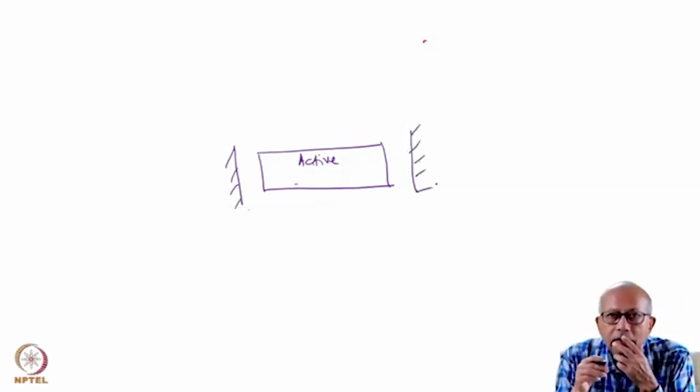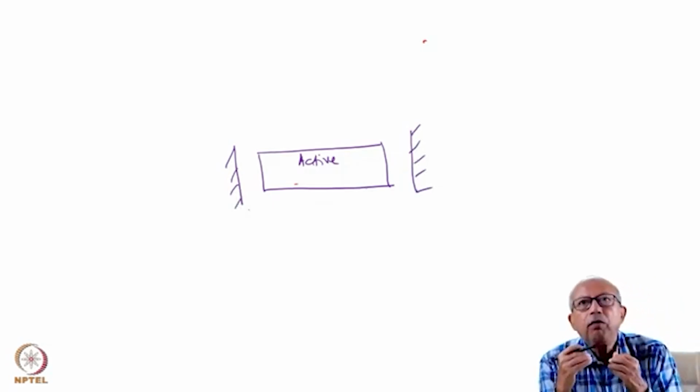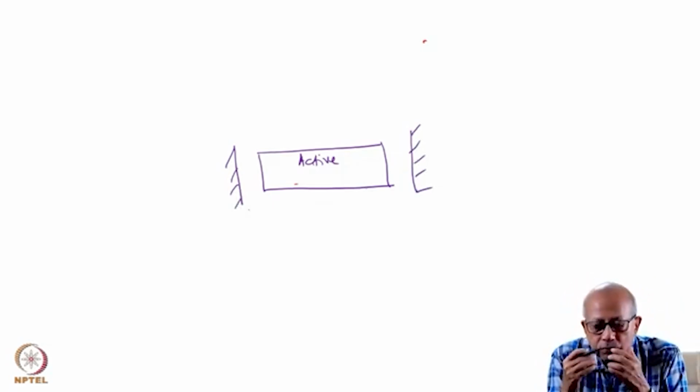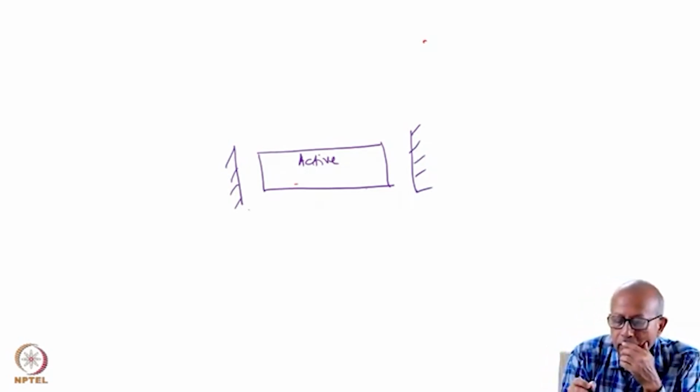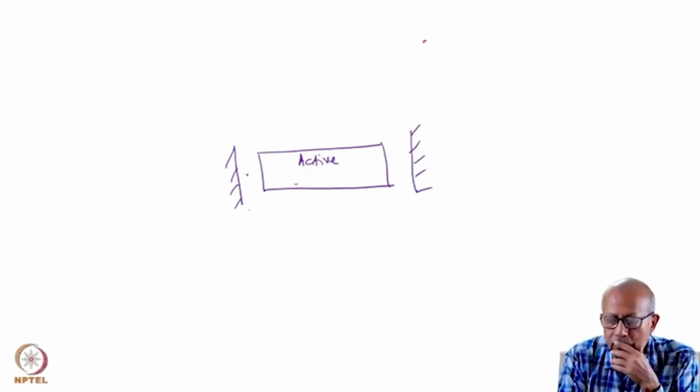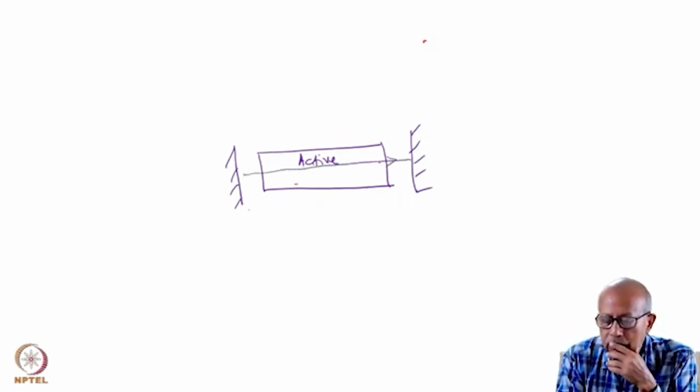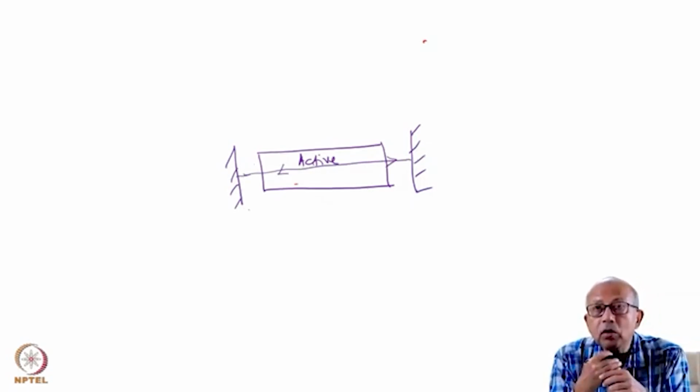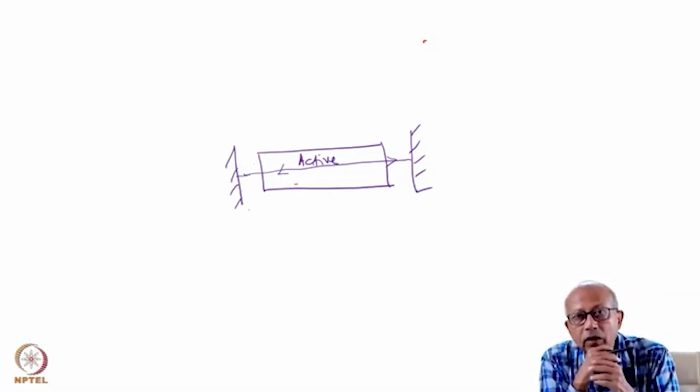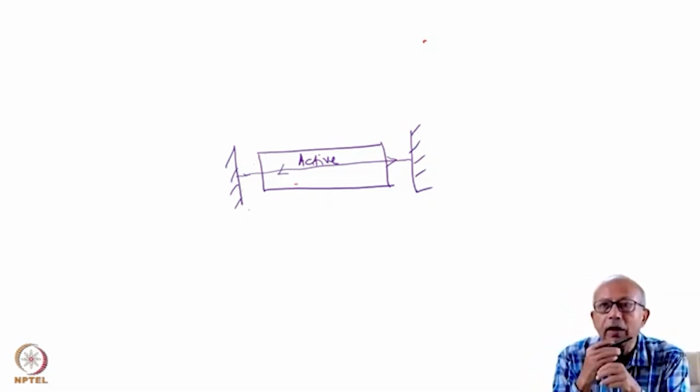And as it is an inverted medium, the photons which originate from spontaneous emission, some of which travel along the axis, will continue to oscillate back and forth, and as a result will exploit stimulated emission because there is an inversion, and the light intensity will build up inside the cavity.